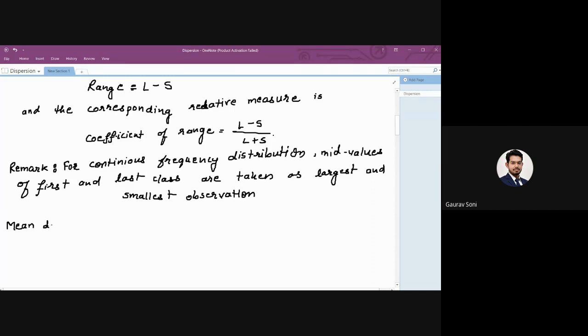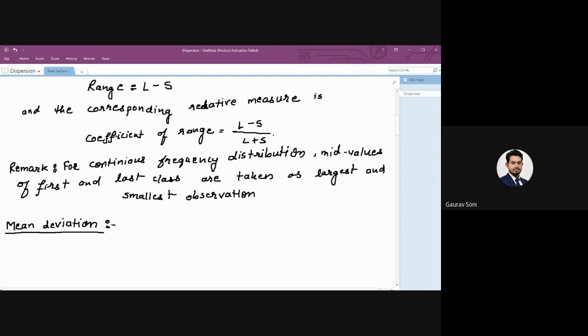We have seen the word deviation. The moment we talk about dispersion, we discussed that it is the extent by which your data is dispersed. So a simple question arises: from what are you calculating the deviation or the dispersion?